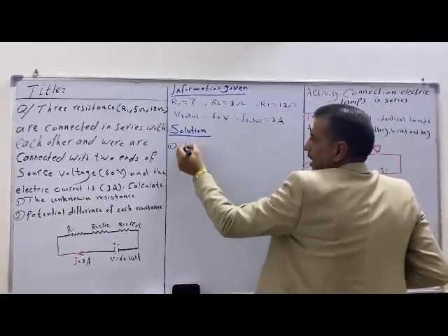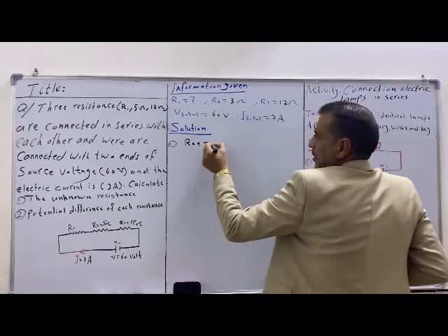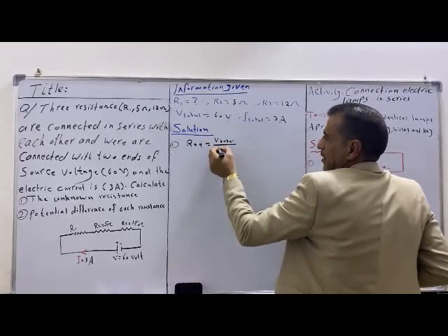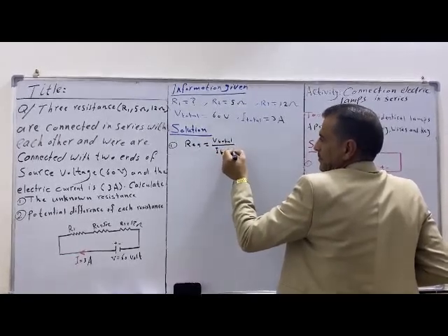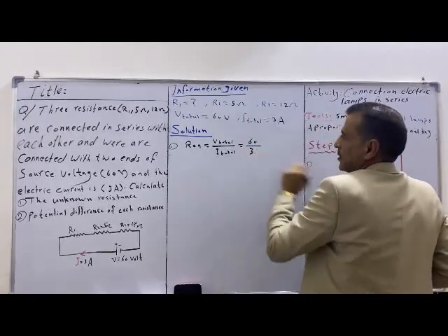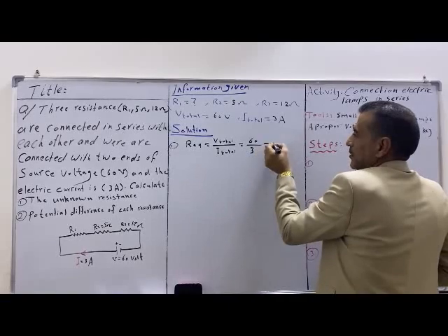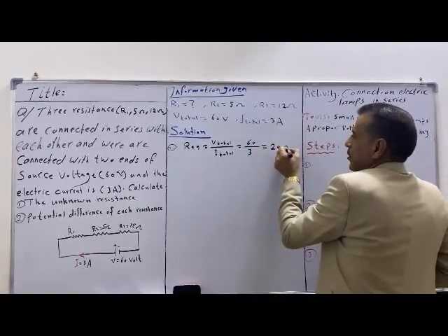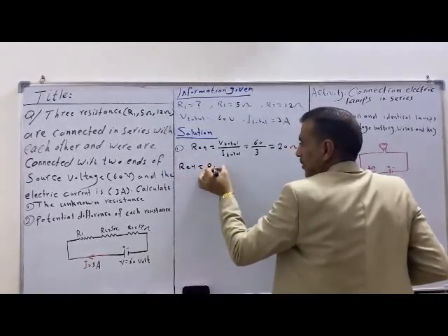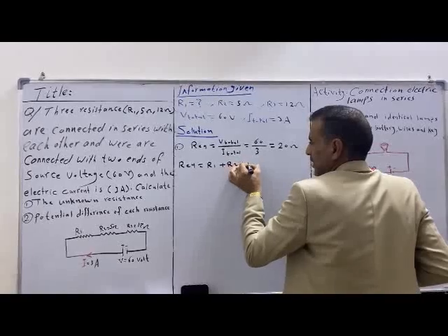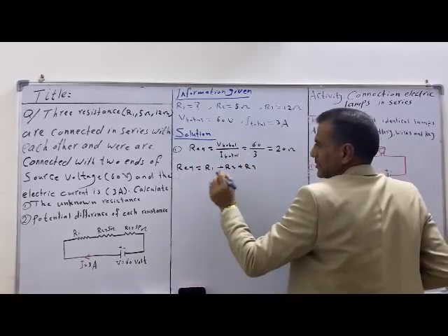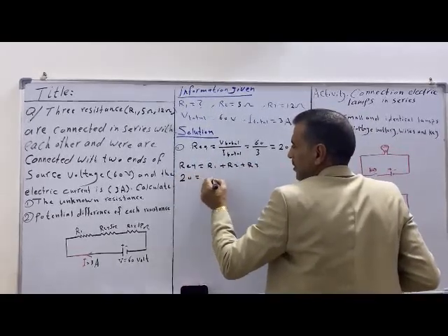Number 1. R equals V total divided by I total. V total equals 60 and I total equals 3, so R equals 20 ohm. R equals R1 plus R2 plus R3. R, the equivalent resistance, equals 20 ohm.